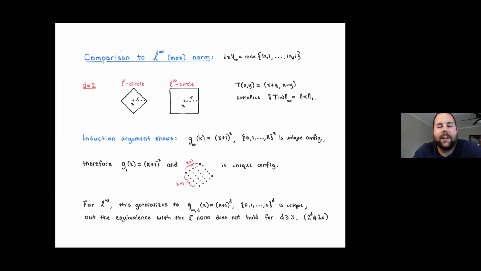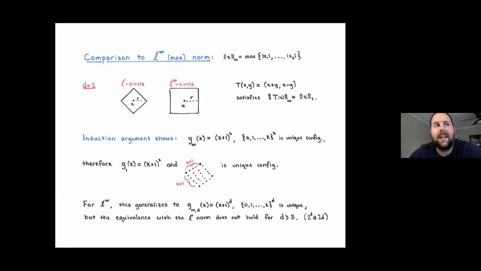If you wanted to get real official about it, you could say the 2 norms are related by this linear isometry. Here I'm using x, y as coordinates, and here I'm using x as a vector. But that map is a linear isometry, basically just rotating and scaling a little bit.